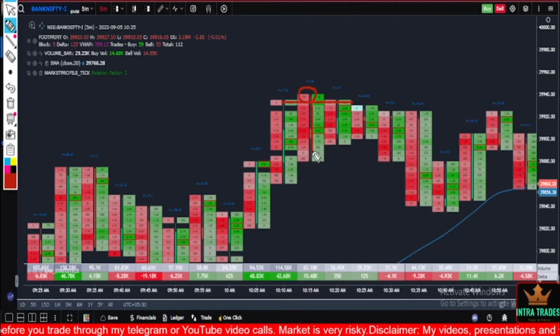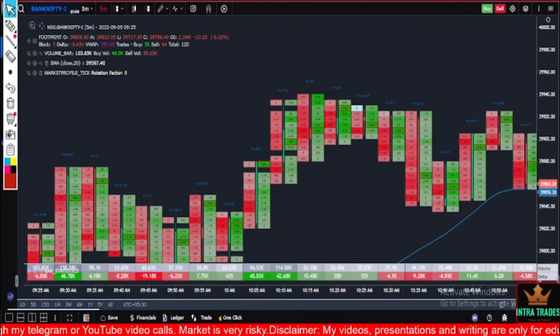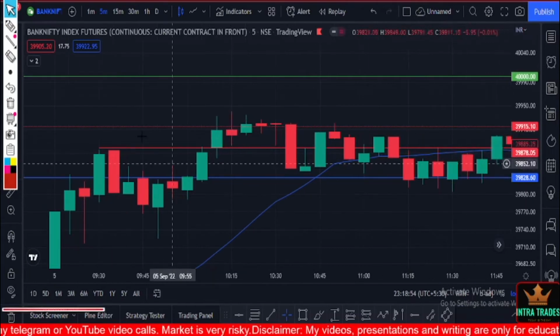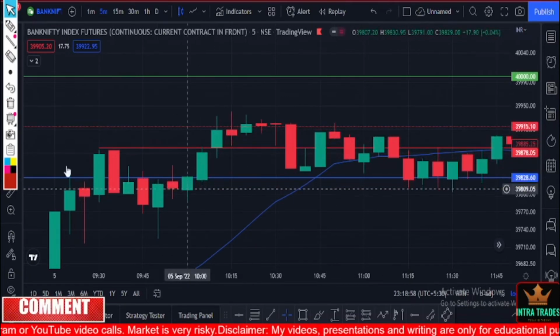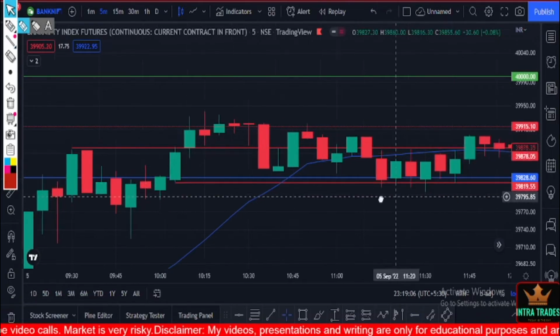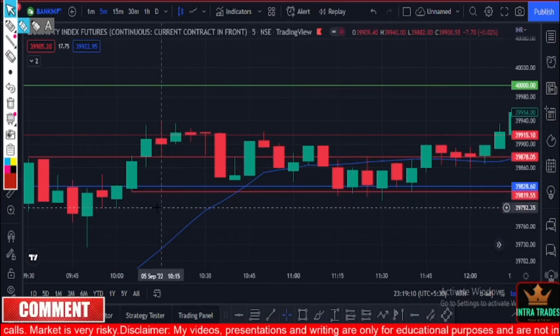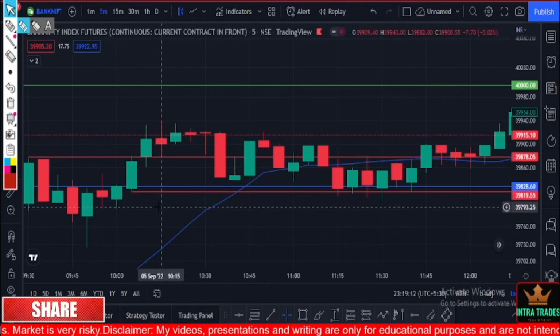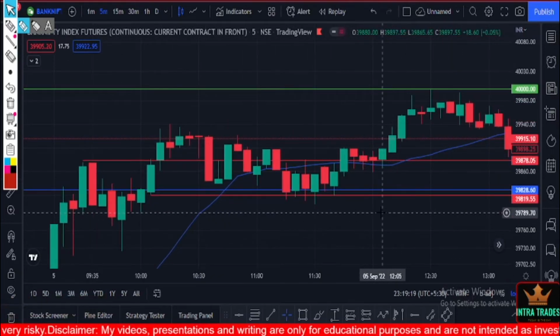and the price came down. So I placed my stop loss here, below this candle. The market moved sideways, sideways, sideways, from around 10:15 to 12:00, maybe 1 to 1:45 minutes.